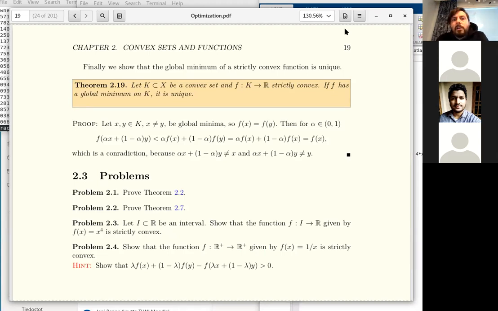And if it's strictly convex and it has a global minimum, then the global minimum is unique. For convex functions, a local minimum is a global minimum, but there may be many of them. Think about an R2 function that draws a surface. If it's convex, it may be like a valley, but the valley may be flat along a line. You have a parabola in one direction, but then it's a flat valley.